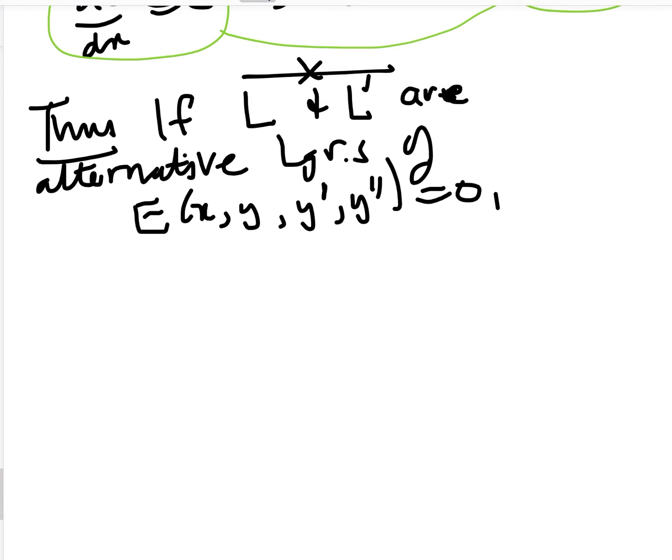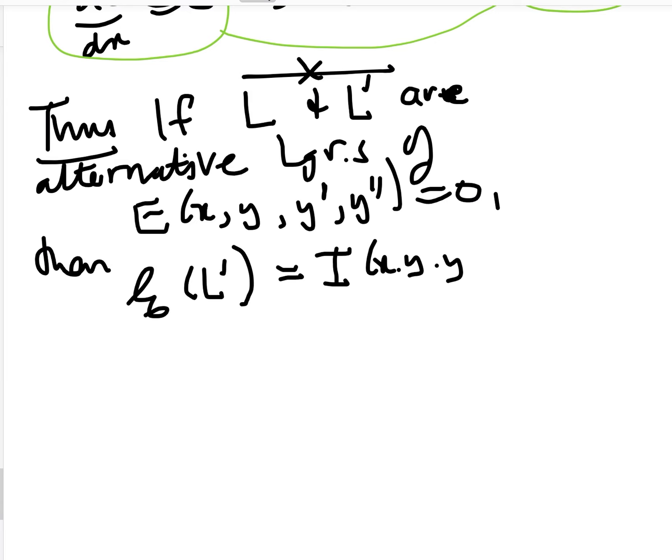So what we get is the following. Then this theorem says that the Euler operator on L dash equal to 0 will give you the equation, but it actually equals some function I, a function of x, y, y dash, times the Euler operator on the other Lagrangian, where you can actually compute this I in a slightly different way.